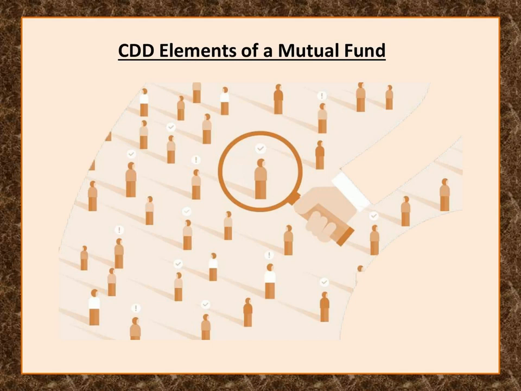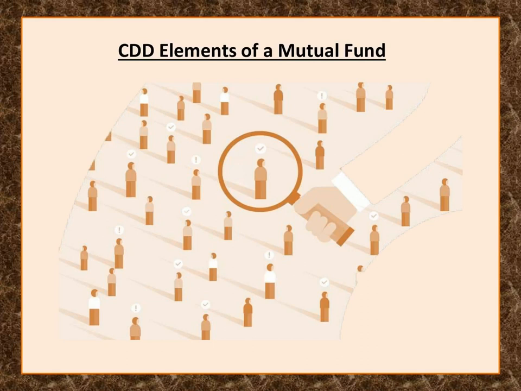4. Ownership details, available in the Statement of Additional Information or SAI document. 5. Controllers of the fund, available in the Statement of Additional Information or SAI document. 6. Assets under management, available in the annual report of the fund. 7. Investment objectives of a fund, available in the fund basics. 8. Authorized signatory list, to be obtained from the RM. 9.